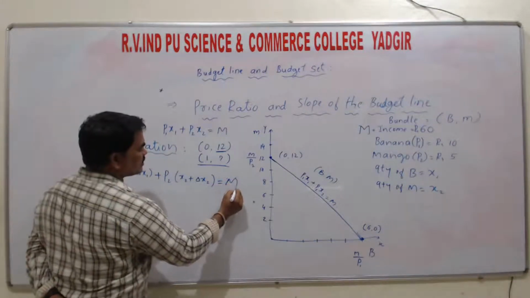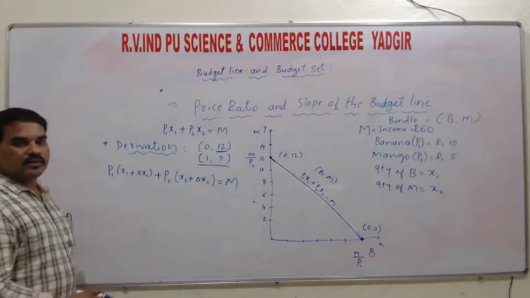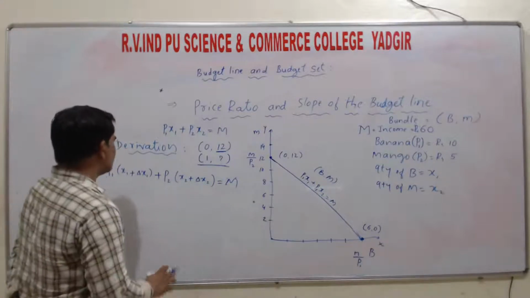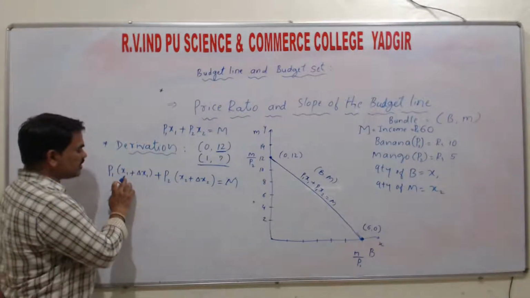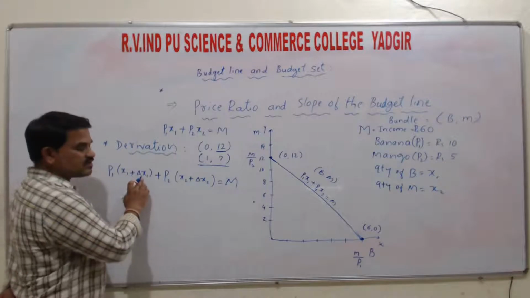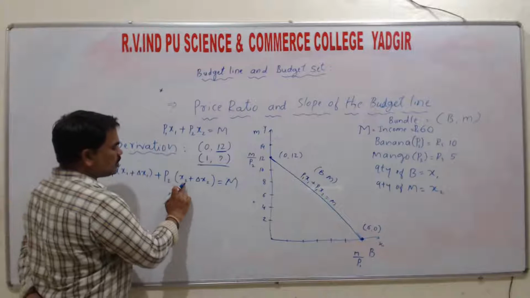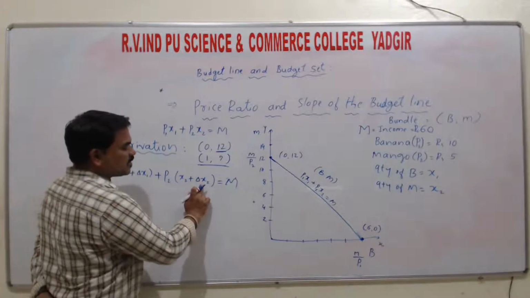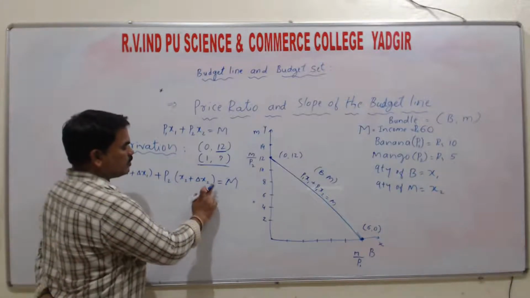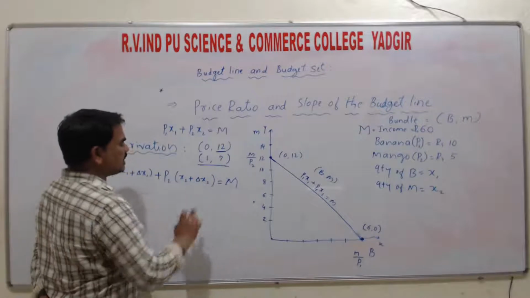That will give us the total income. So here, price of the banana, quantity of the banana plus the change. What is the change he is making with the banana? And price of the mango, quantity of the mango plus change in the quantity of mango. That should be equal to his income.